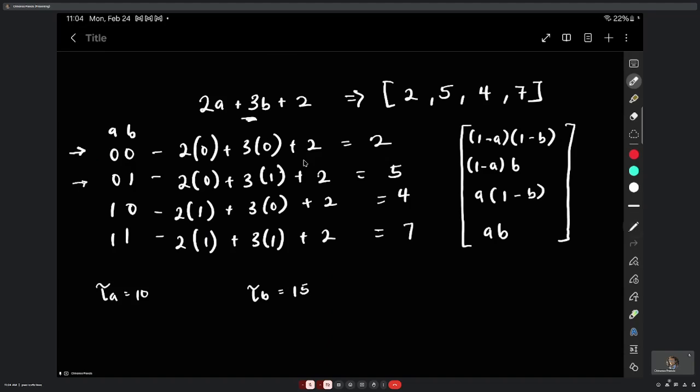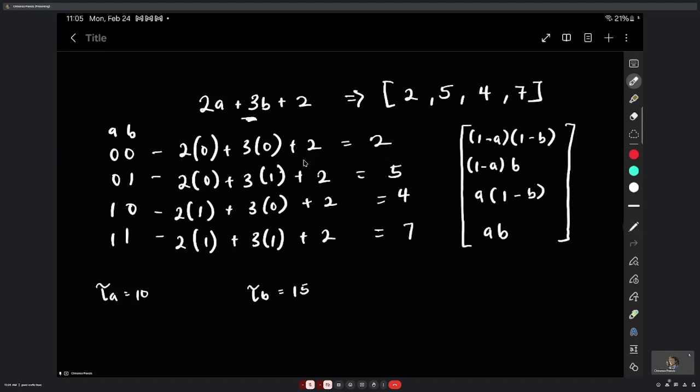This is just a review of multilinear. In this case, this is 0 and 1, right? 0 for A and 1 for B. So that's basically why we are doing this product here, right? Because of the and. This is 1 and 0, 1 for A and 0 for B, and 1 and 1, 1 for A and 1 for B.